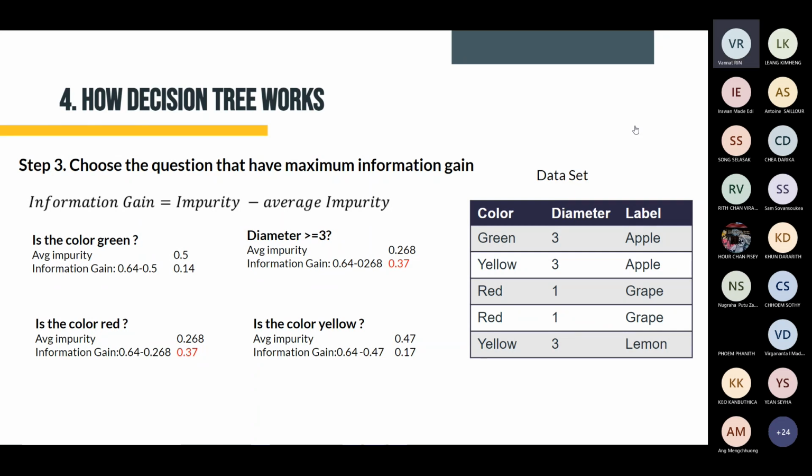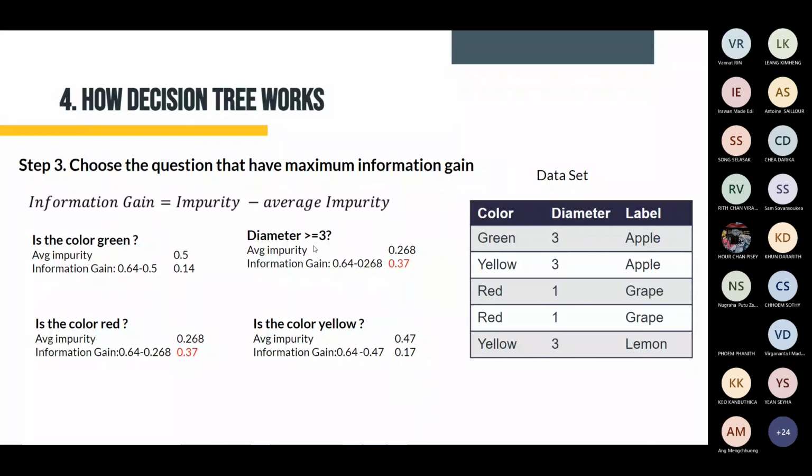Or how many questions should I calculate to find the impurity and the information gain to select the root node or the best split? I think we should try to calculate all the information gain. It's the only way that we can find which one has the most information gain. So how many times do you have to calculate the information gain?